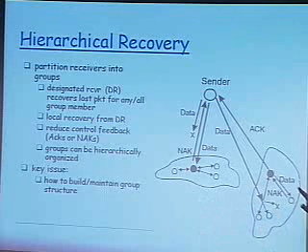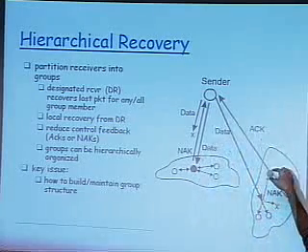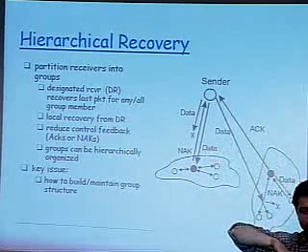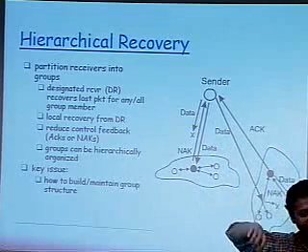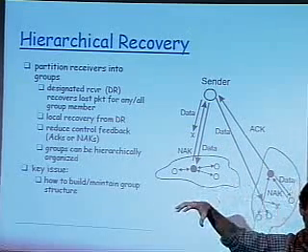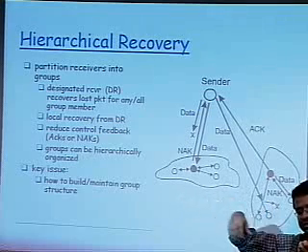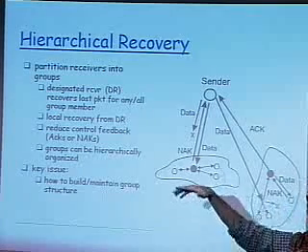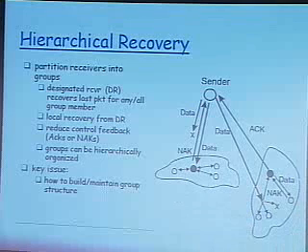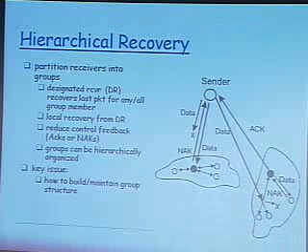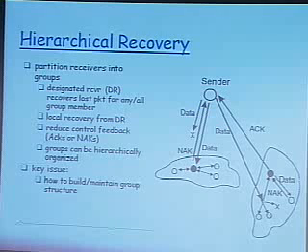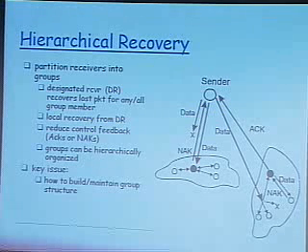So these designated receivers themselves can form another group, and you can partition that group of designated receivers into another group, and that smaller group can have a designated receiver, and this process can continue. So in this way you can scale to millions of receivers, and there is no problem of feedback implosion. By assigning one local group leader or designated receiver, you can cut down on feedback a lot, and you can do local recovery.